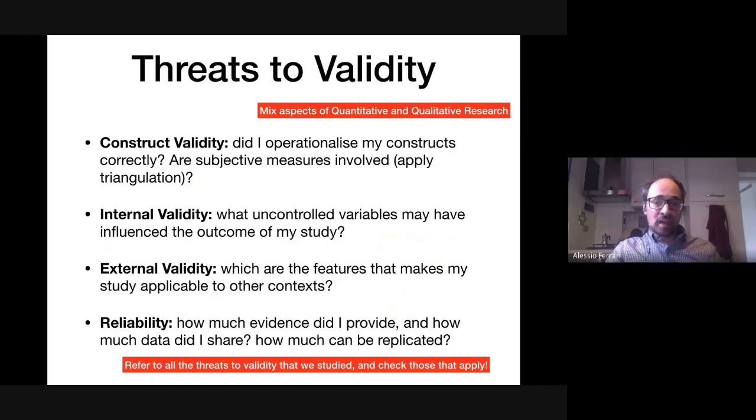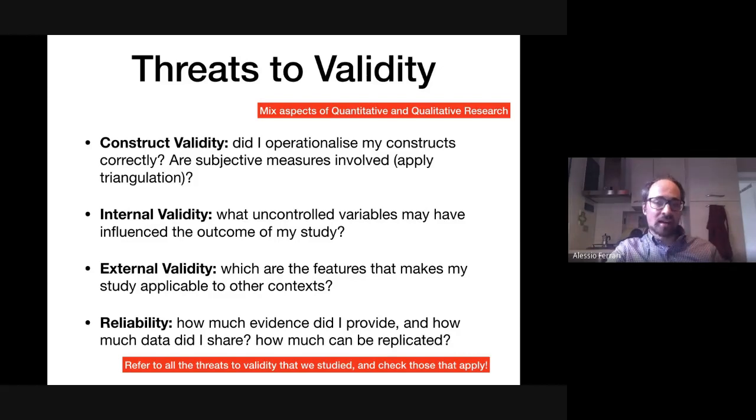So threats to validity. We said that we are mostly referring to the framework of threats to validity for quantitative research, so for a controlled experiment, but actually we have to consider all the types of threats to validity that we have listed also for qualitative research, that have a different naming, but can be easily mapped to this framework, because generalizability is external validity, basically.